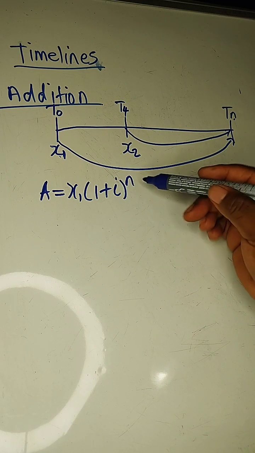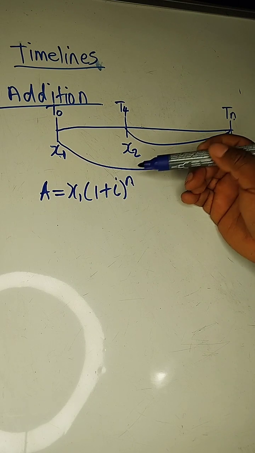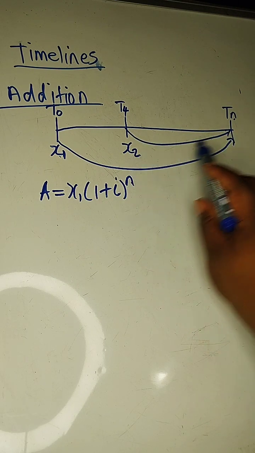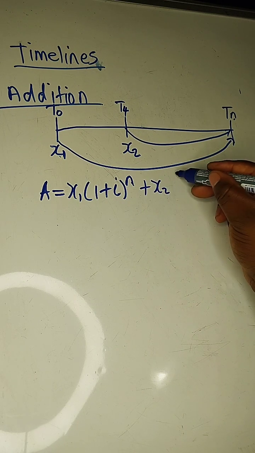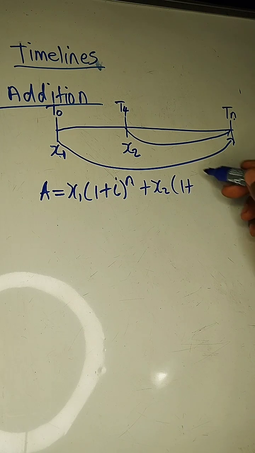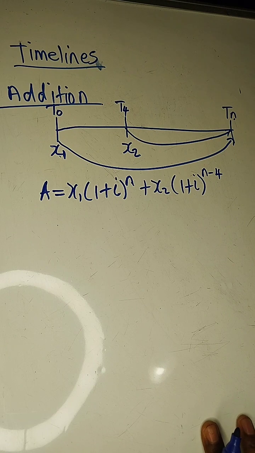Using your compounding period, you will affect n and i, remember. Then again, since we have this one, we will say plus X2 into (1 plus i). Then our n this side, we are going to say this minus this, which will be n minus 4. That is how we deal with addition.